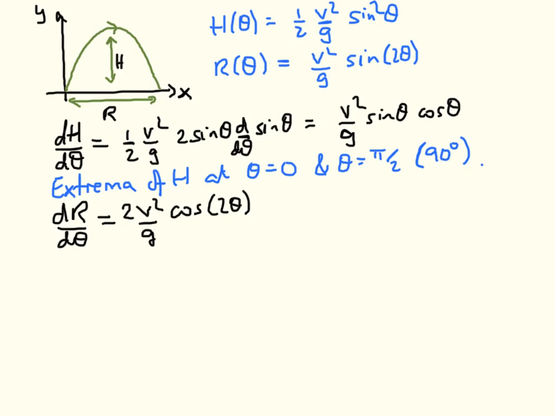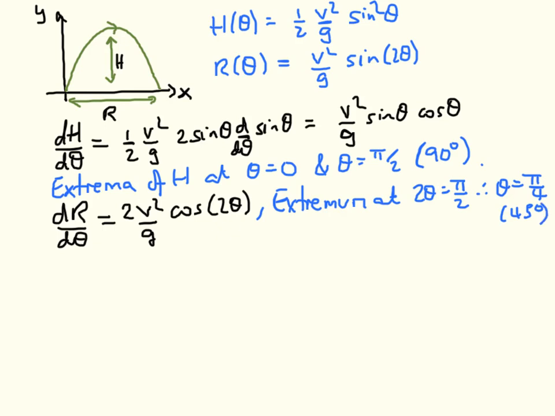So this vanishes, so the extremum is at 2 theta is pi over 2, so theta is pi over 4, and in degrees that is 45 degrees. So again, that makes sense. It is what we would expect. Pi over 4 is the angle that you launch it at, which you would expect to get a maximum range. So again, this gives us some confidence and understanding of this factor.